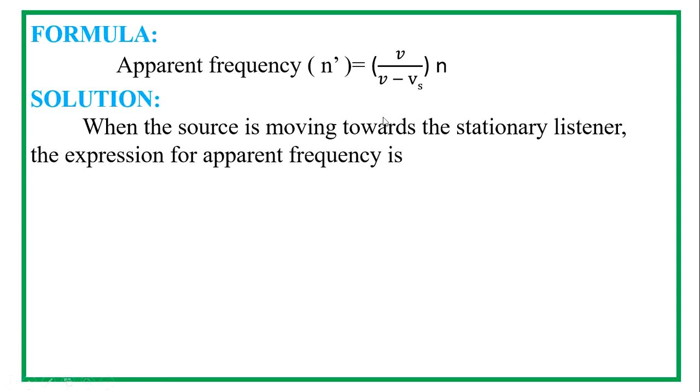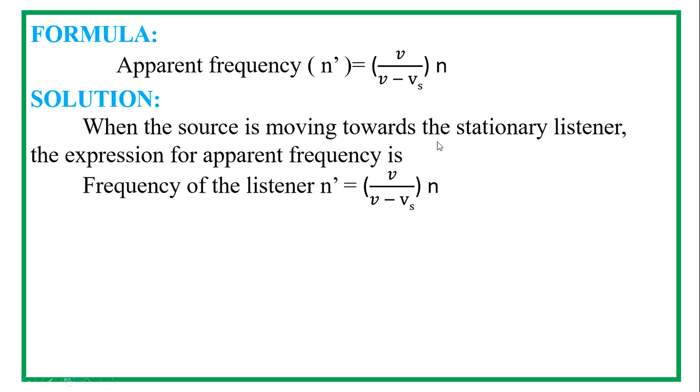Solution: when the source is moving towards the stationary listener, the expression for apparent frequency n dash is equal to V by V minus Vs into n. Here VL becomes 0 because the listener is at rest. So, the remaining terms are V by V minus Vs into n.